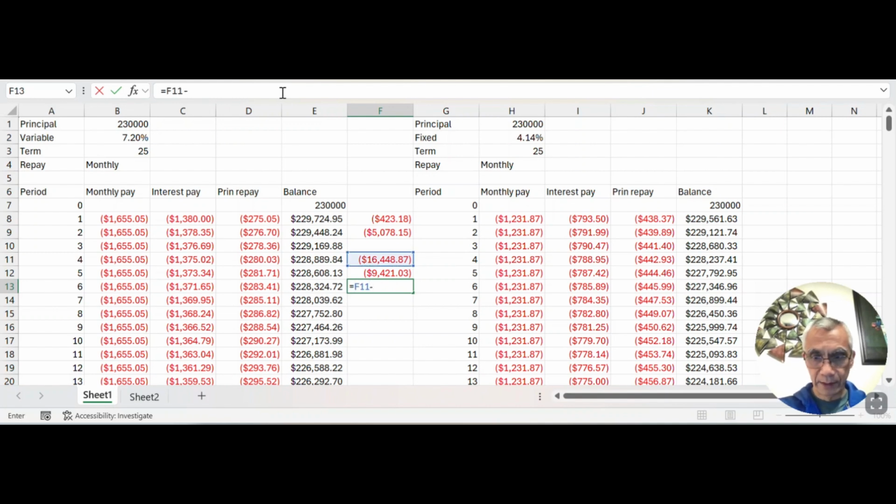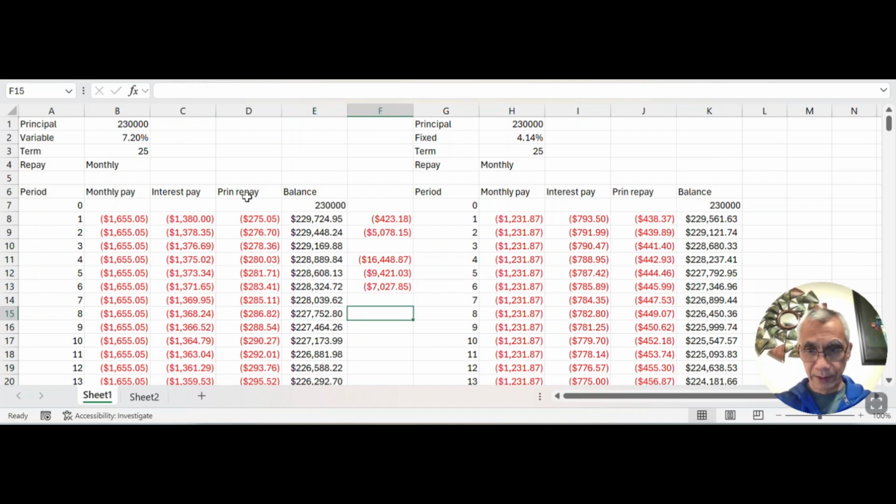That minus this. Okay. Here, between 7.2% and 4.14%, the difference in payment is 5,078 in a year, but the difference in interest is 7,000, so it's bigger. That can only mean that the principal repayment, because that's where we're taking it from, is going to suffer.